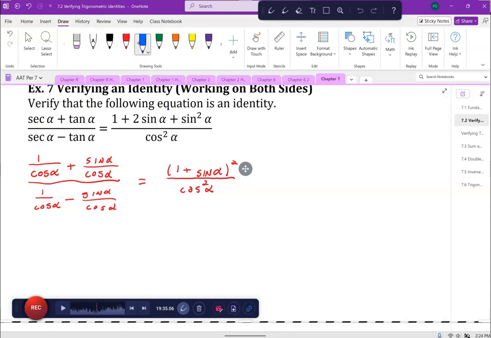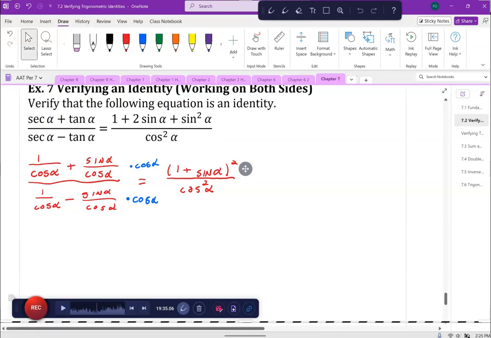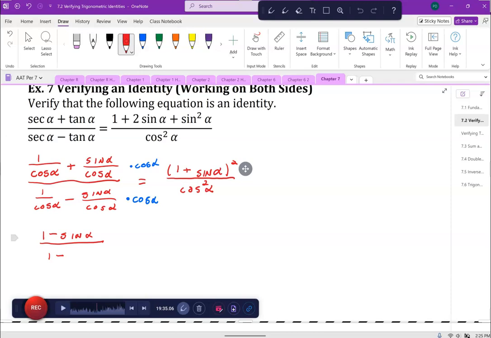So now let's look back at the left. You'll notice complex fraction. All the denominators are the same. They're all cosine alpha. So I'm going to multiply the top and the bottom by cosine alpha. So on the left-hand side, I end up with 1 plus sine alpha on top, and underneath, I end up with 1 minus sine alpha, equals.